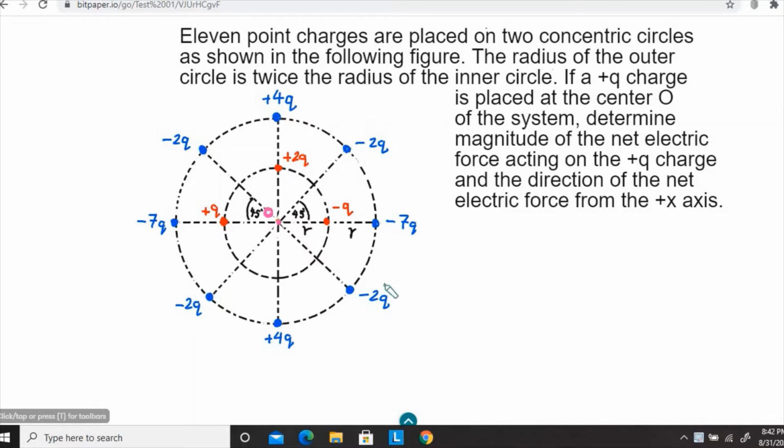11 point charges are placed on two concentric circles as shown in this figure. The radius of the outer circle is twice the radius of the inner circle. So if we consider the radius of the inner circle as r, then the radius of the outer circle would be twice that value, 2r.